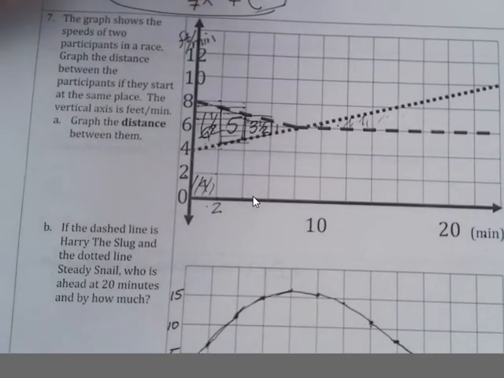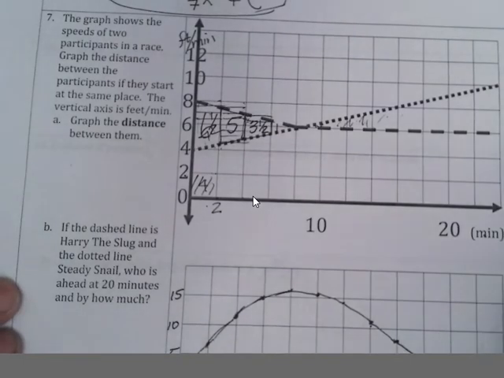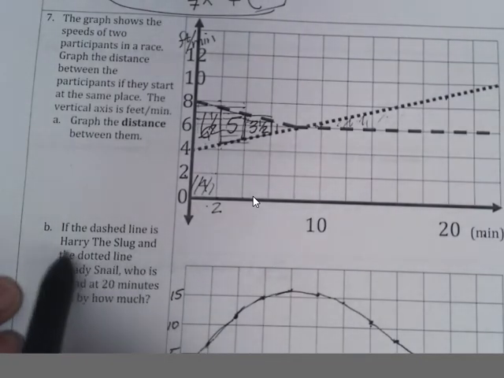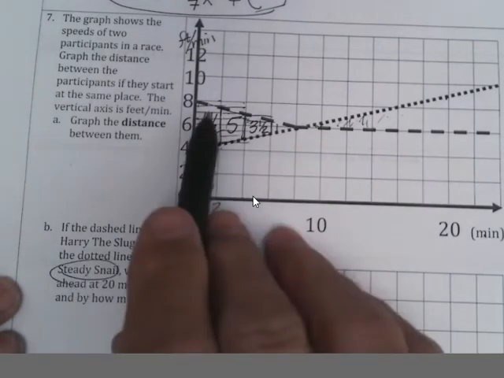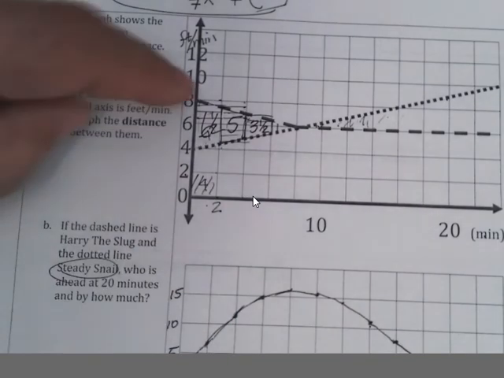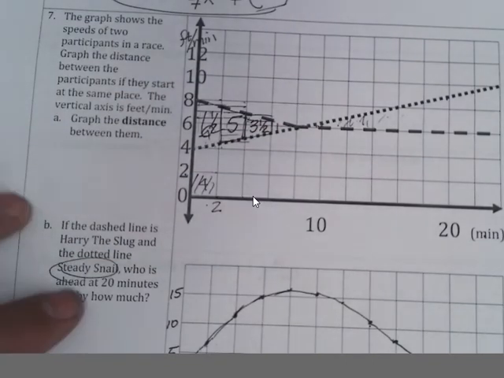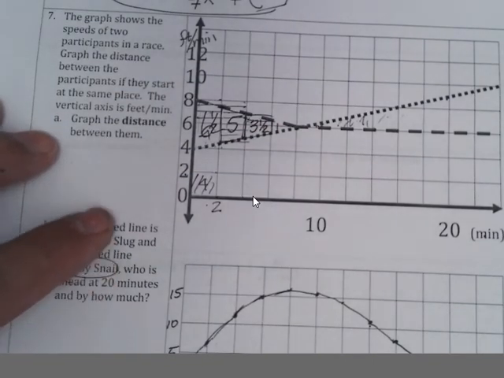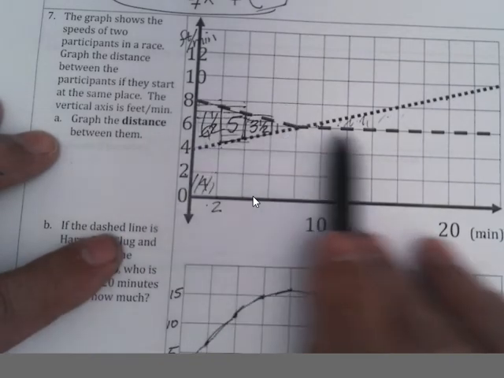So who's ahead at the end? Well, it's going to be Steady Snail. Steady Snail was behind at the beginning. This is saying that the slug is ahead. Harry the Slug, the dash line, he's ahead at the beginning.